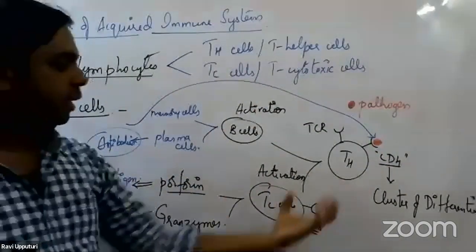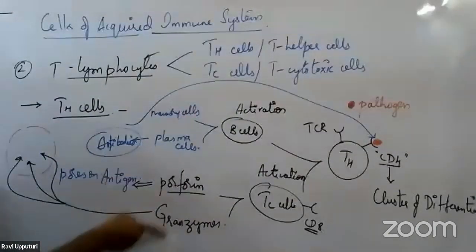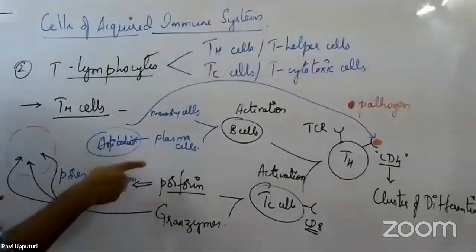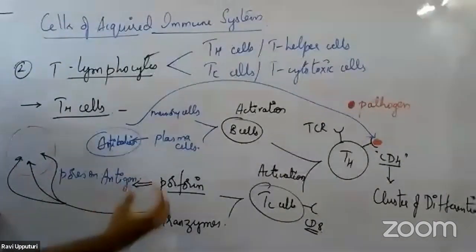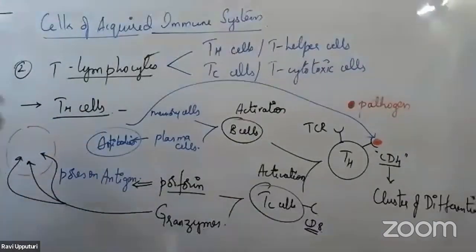On the other side, they activate the TC cells. T cytotoxic cells produce two chemical substances, perforin and granzymes. Perforins make pores on the surface of the antigen, whereas granzymes enter through those pores and bring about the destruction of that antigen.